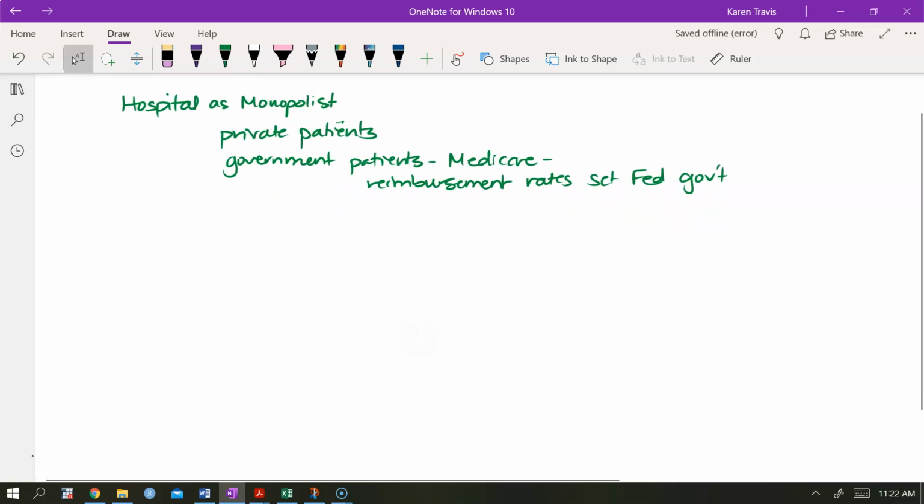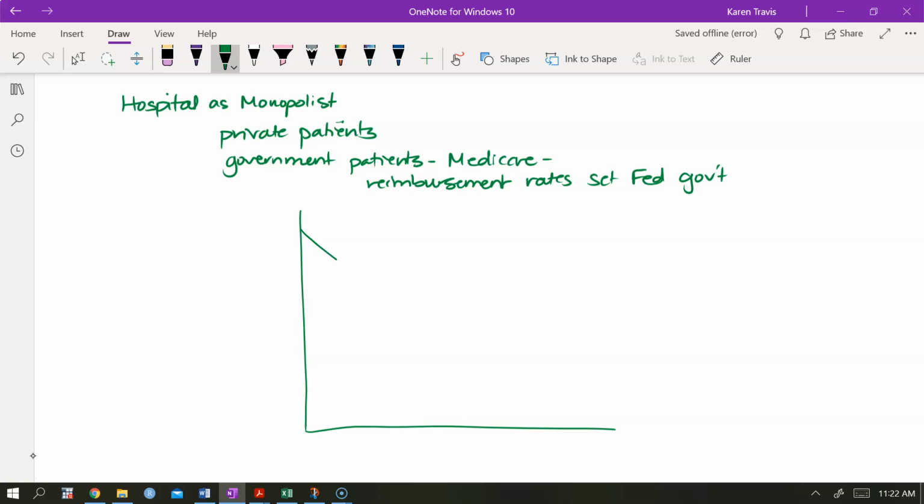So let's imagine that there's demand in the market. So this is demand private, and as the price would drop, this is what people would be willing to pay.